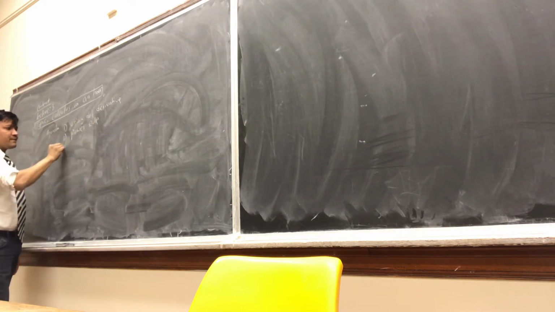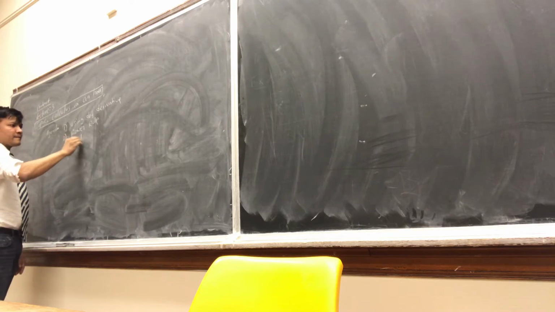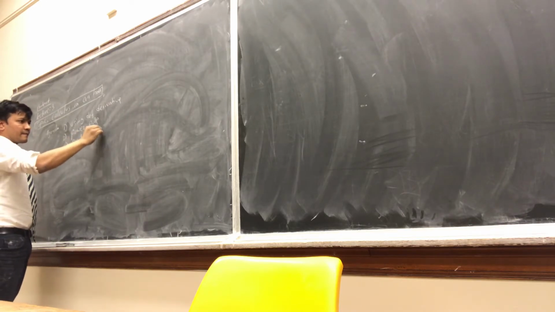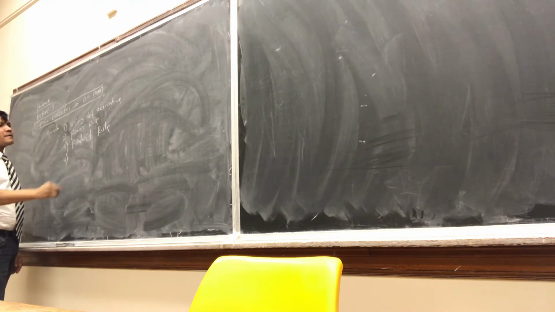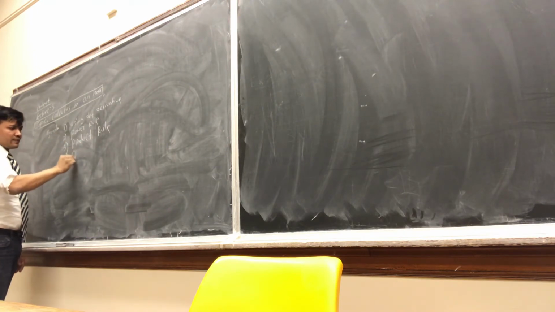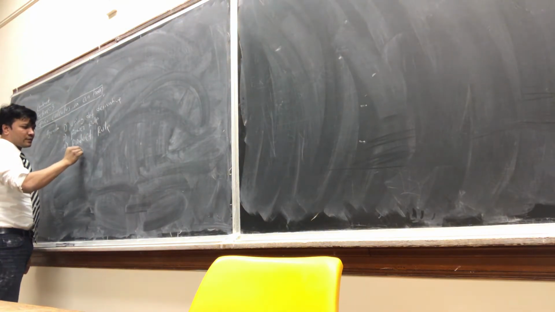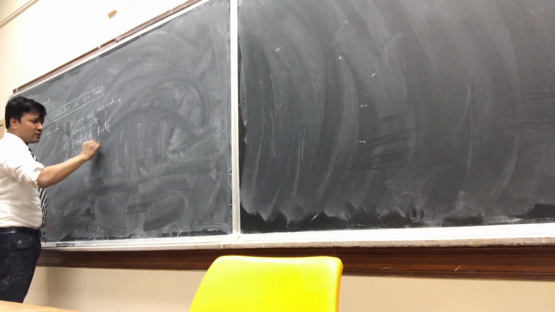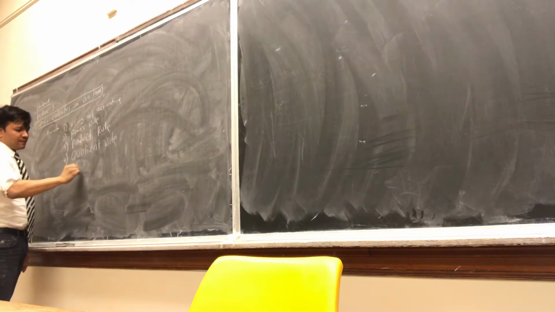The third way, using the product rule. The fourth way, quotient rule. And the fifth way, chain rule.